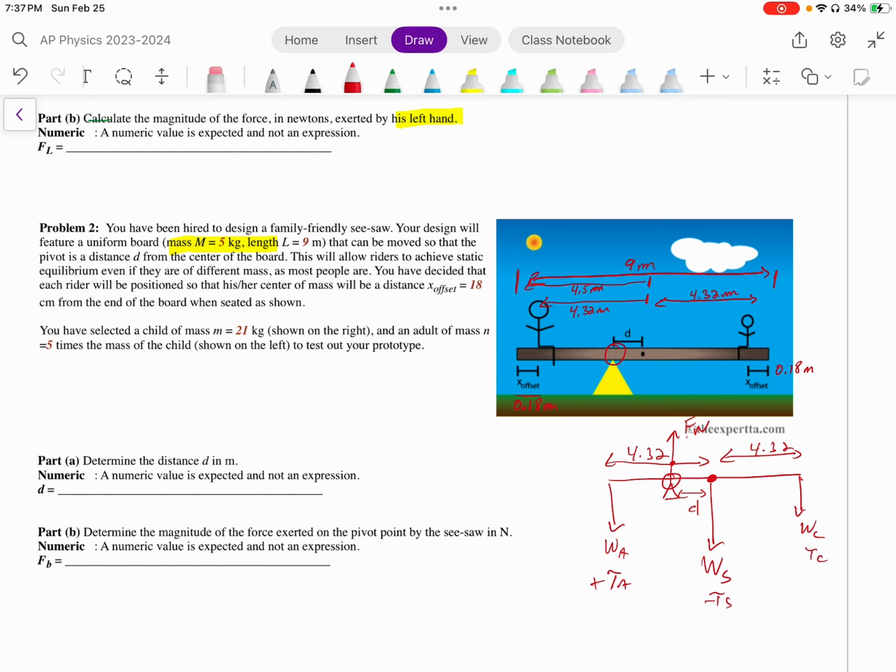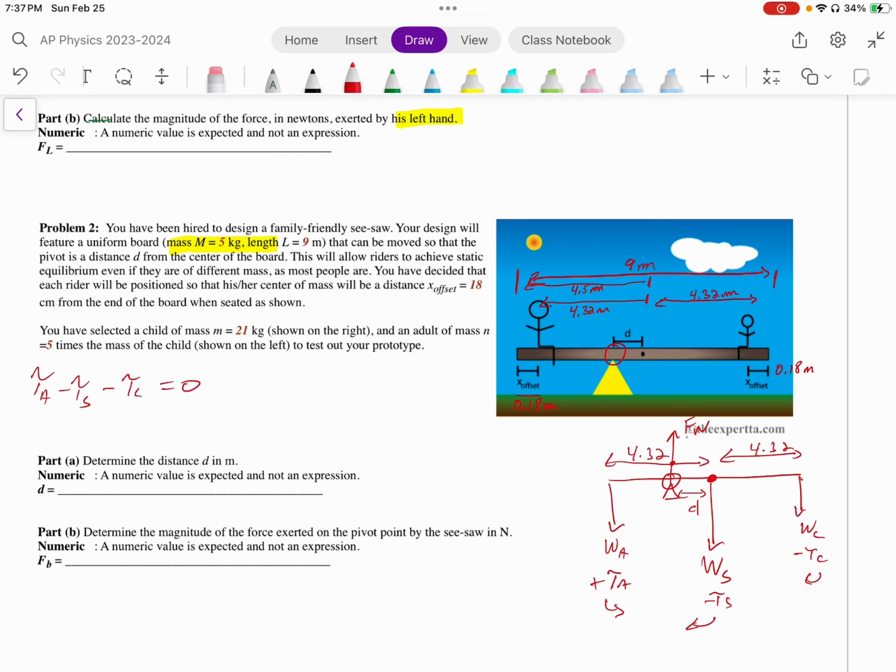Torque sub C is negative because it's going to make it turn in a clockwise direction, and that's going to go counterclockwise. So I have all the positive torques, torque from the adult minus torque from the seesaw's center of mass minus torque from the child. All of those added up is equal to 0.